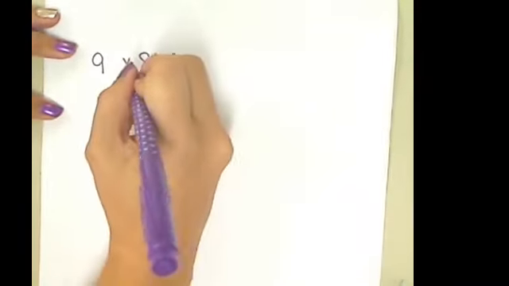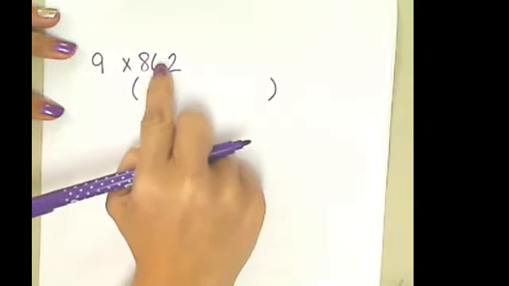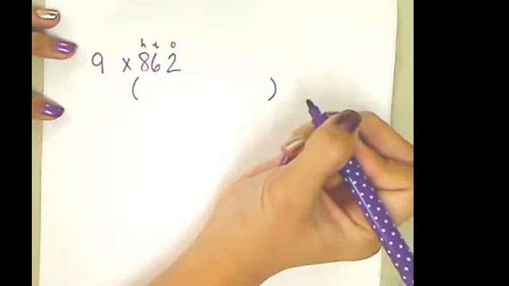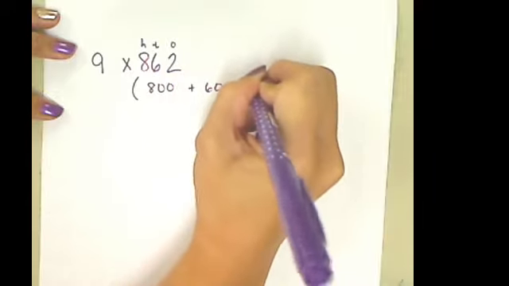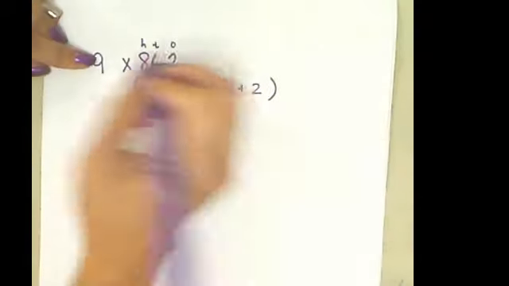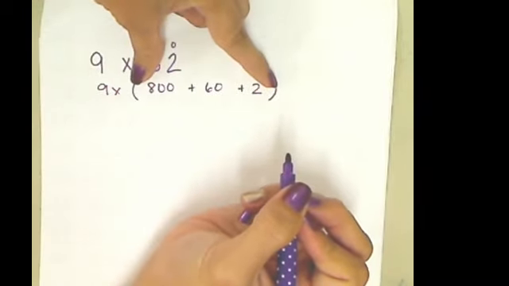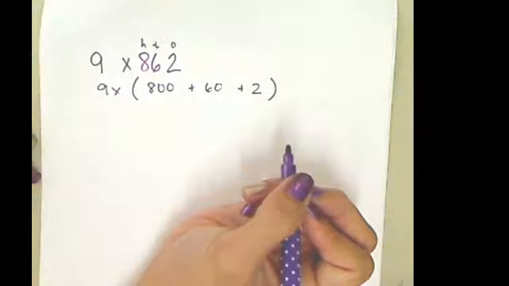So your first task is to go ahead and expand this number. Ones, tens, hundreds. That's 800 plus 60 plus 2. It's 9 times that, okay? Because those are the same thing. You've got to bring down the rest of the problem.